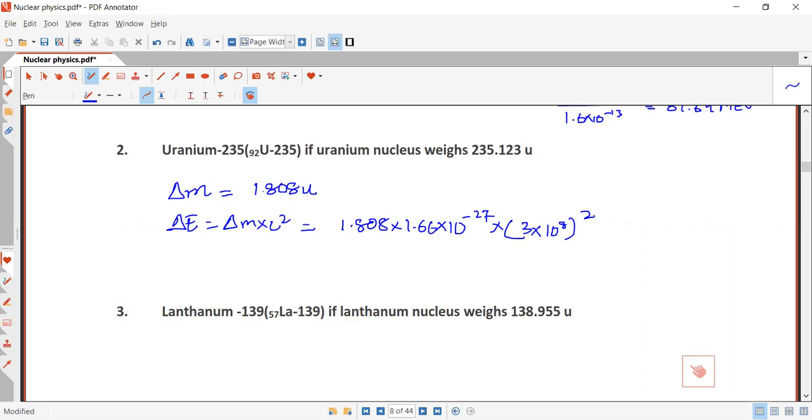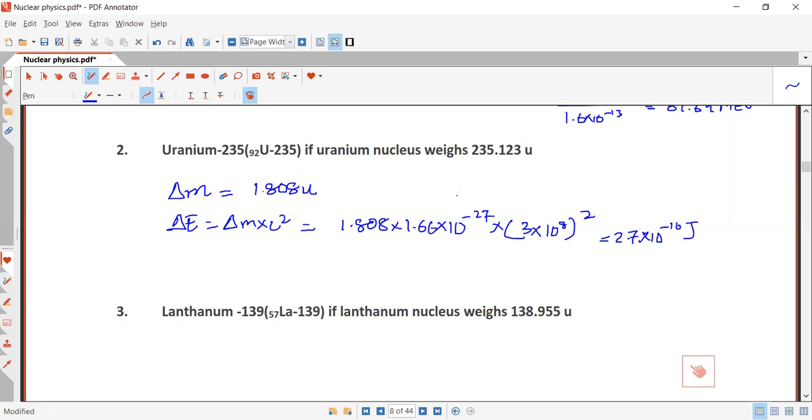we get 2.7 times 10 to the power negative 10 joules.